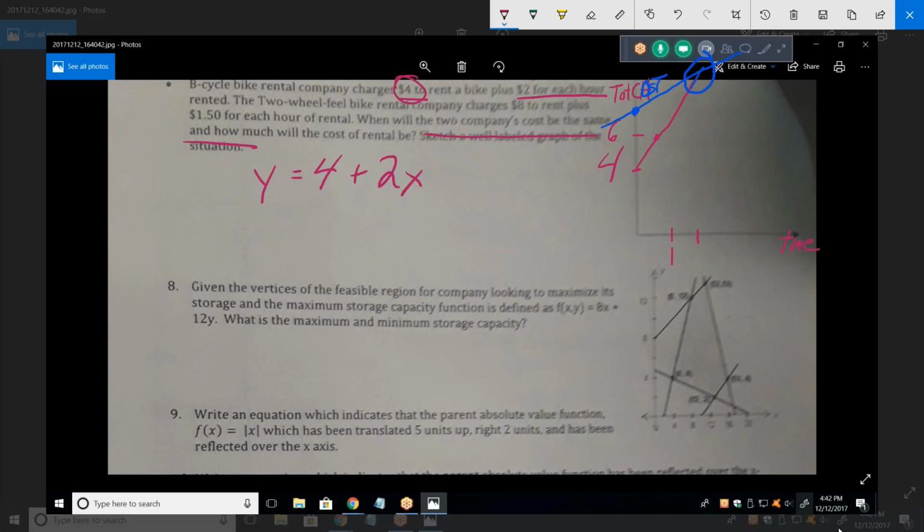If x is the number of two-wheel bikes, here, let me start this over again. I don't want to violate what I said. Our first step is to define our variables. Okay? X is going to be the number of bikes, charge for bikes.